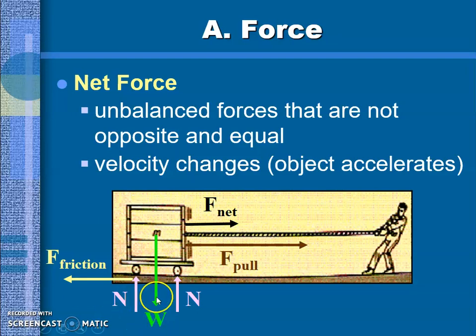The force of the up and down is equal, and we see here it's acting on these wheels, so that's why there's two of them. These forces are equal, so they are balanced, so there's no net movement up or down. But the pull is greater than the friction, so it will move towards the man pulling it.